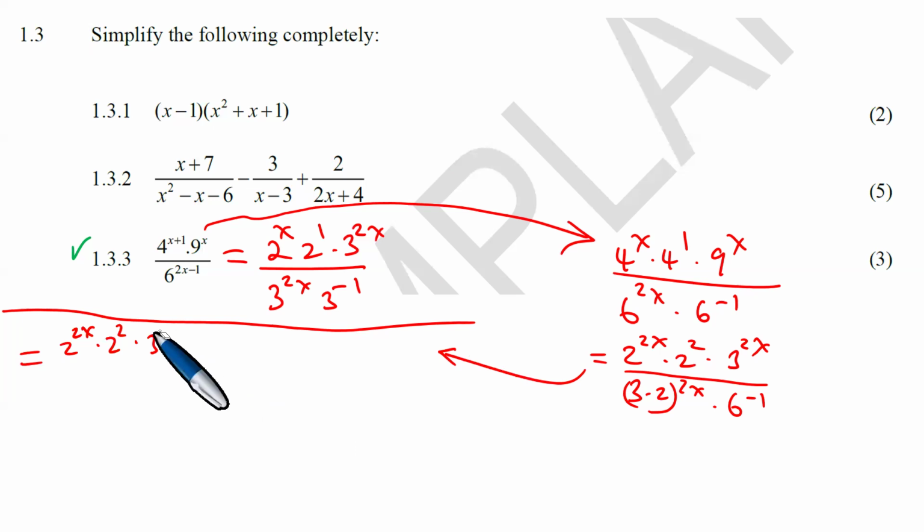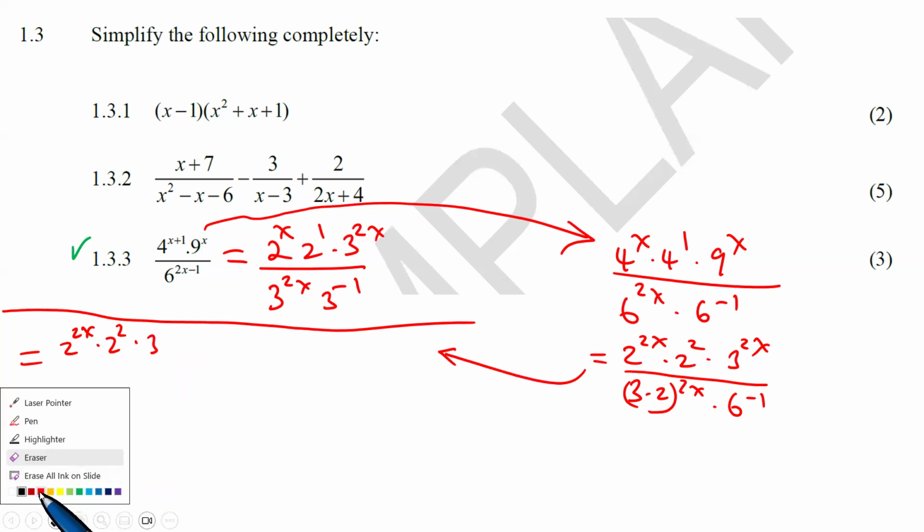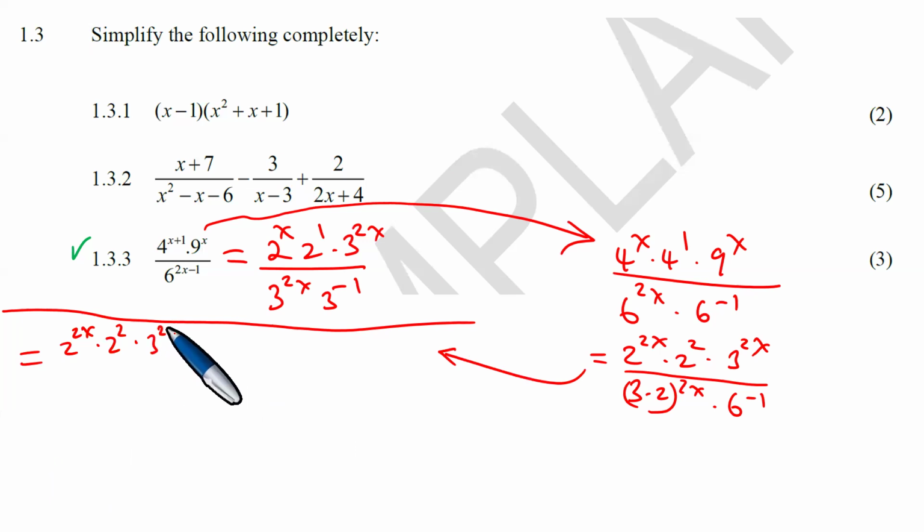So this is 3 to the power 2x. Here you write 3 to the power 2x, then you have division. If there are numbers that are not perfect squares, like 6, 6 can be factored as 3 and 2. But 3 and 2 are good factors because 6 also has the factors 6 and 1, but those are not good because you're going to be moving in circles.